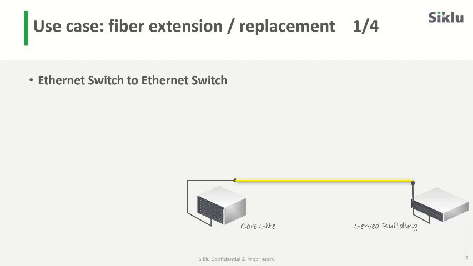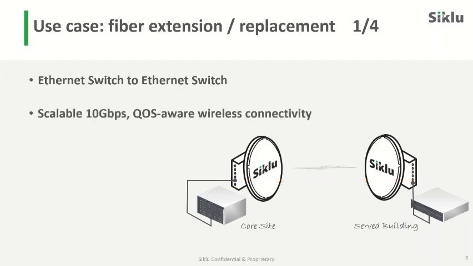When the fiber connection is delayed or not available at all, then you can simply replace the fiber link with our EH-8010FX radios and achieve exactly the same performance, the same capacity, all that with awareness to the quality of service.